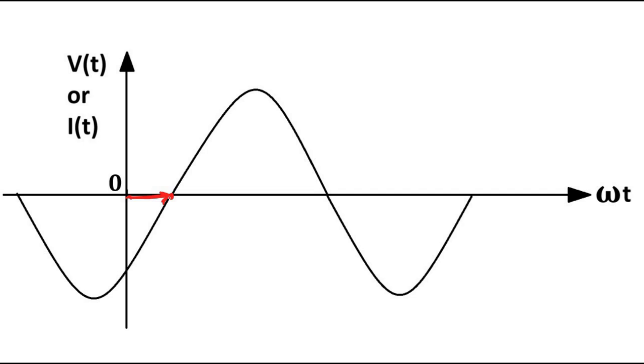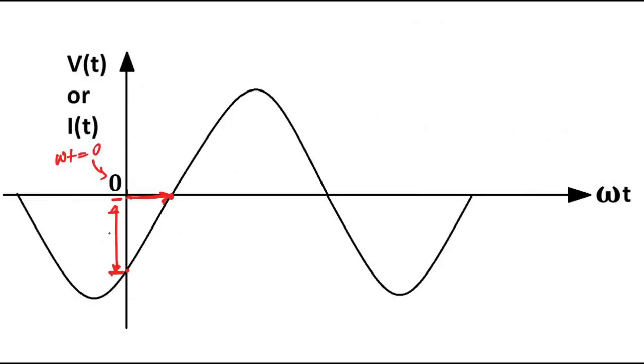Here, when omega t is equal to 0 at the origin, it has a certain negative value. Earlier it had a certain positive value, but here it has a negative value.